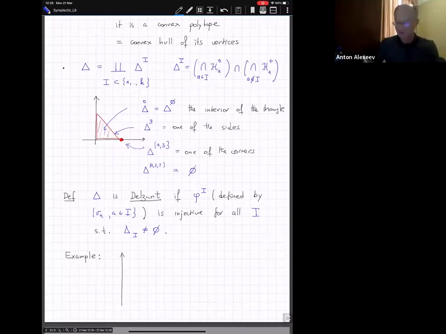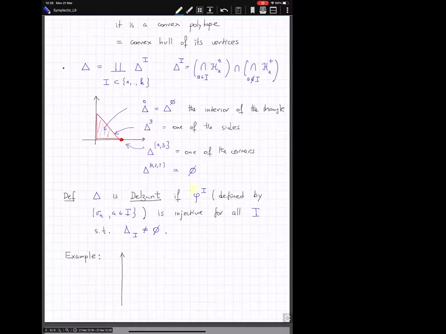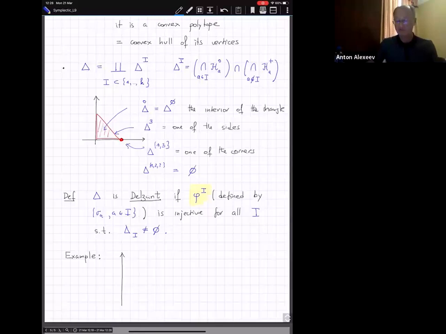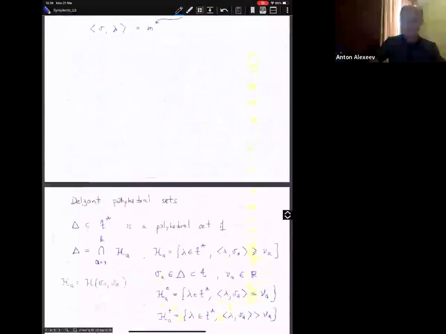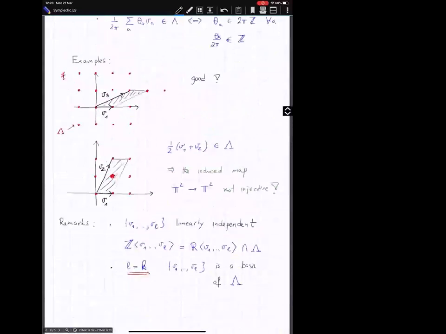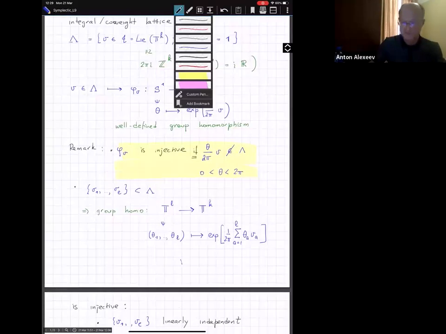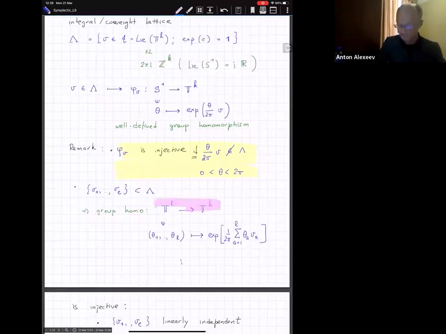Maybe we did not properly define phi I. So phi I again: we defined homomorphisms from TL to TK by finite families of vectors in lambda. So that's this homomorphism.